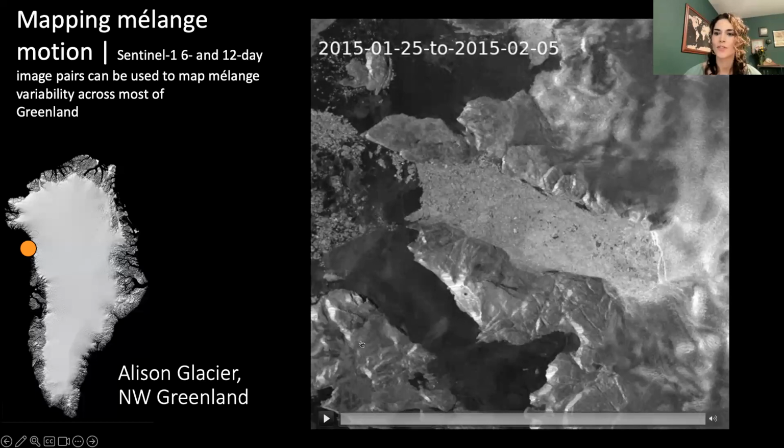That mixture of bergy bits that I've been alluding to these last few moments, we call mélange, which I think is French for mixture, so it's an appropriate use of the term. It'll be easier to see once I start the animation, but the sea ice acts as a glue and holds the larger icebergs together.